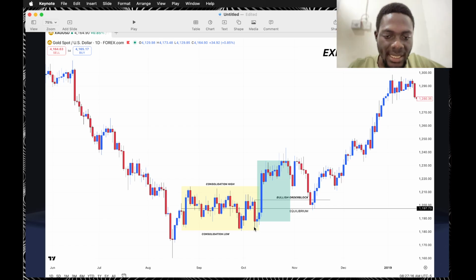So this is the last bearish candle before the impulsive bullish move upwards. So this bullish move broke above this consolidation high, leaving this bearish candle as the order block. You understand? Exactly.